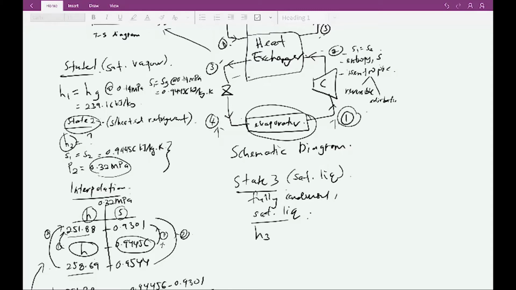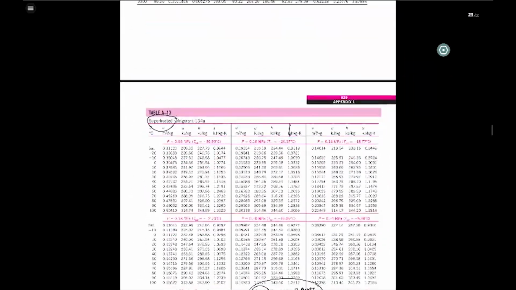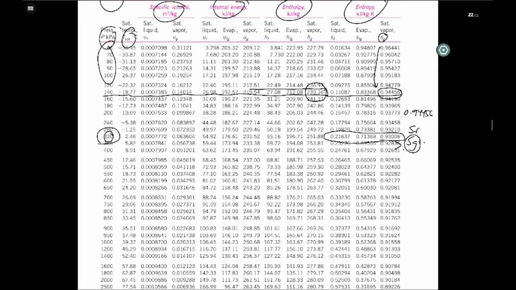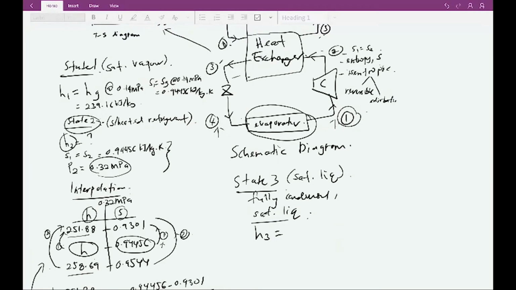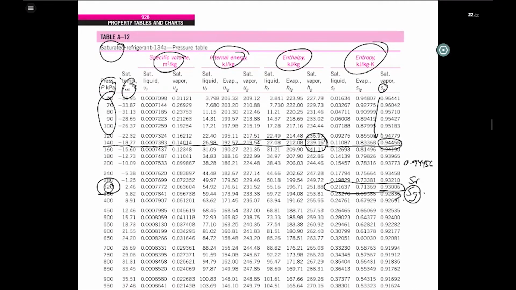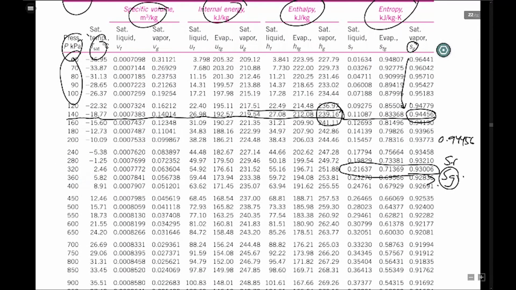Now to find H3 from the saturated liquid, we go back to the saturated liquid table. To find the enthalpy, we must first know the operating pressure. The operating pressure P3 is equal to the heat exchanger pressure, which is 0.32 MPa. So on your saturated table, 320 kPa, right here.